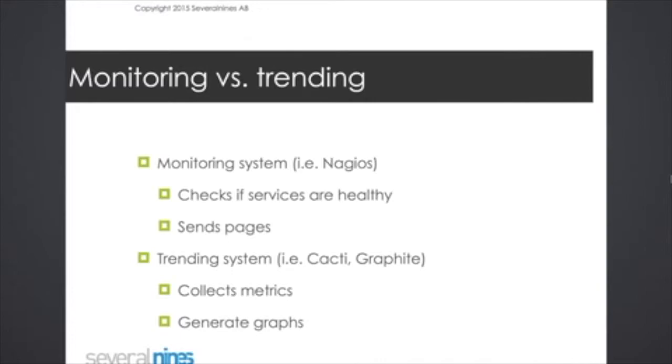And then we have trending systems, like for example Cacti or Graphite, that collect the metrics from the servers and then present them in some nice way, like graphs. Obviously both sides of the equation are necessary, because we have to have alerting, and also we need to have some trending, because this is what actually gives us the insight into how our system operates.